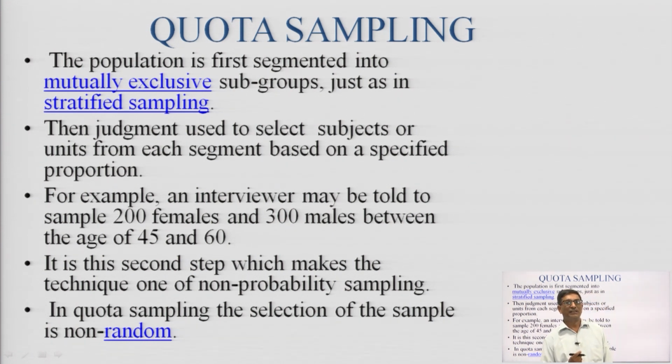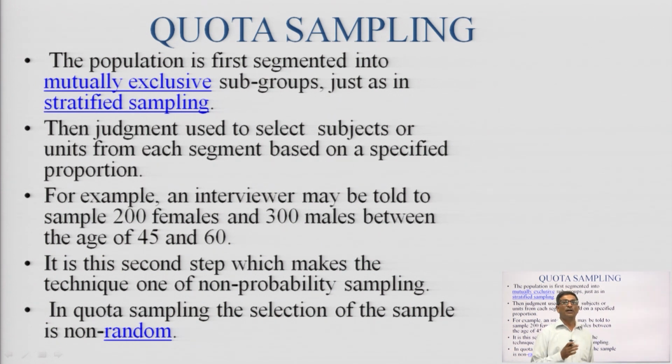For example, an interviewer may be told to sample 200 females and 300 males between the ages of 45 and 60. It is the second step which makes the technique one of non-probability sampling. In quota sampling, the selection of the sample is non-random.